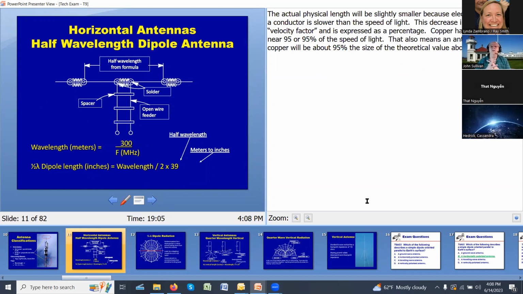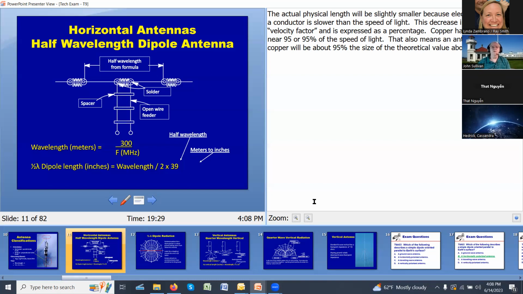You can see that it's fed here in the middle. We have an open wire feed in the center, some spacers to keep the wires apart, which comes into an insulator, and one half of the feed goes off to the right, the other half goes off to the left. The right side is a quarter wavelength long, the left side is another quarter wavelength long. The total length would be half a wavelength.